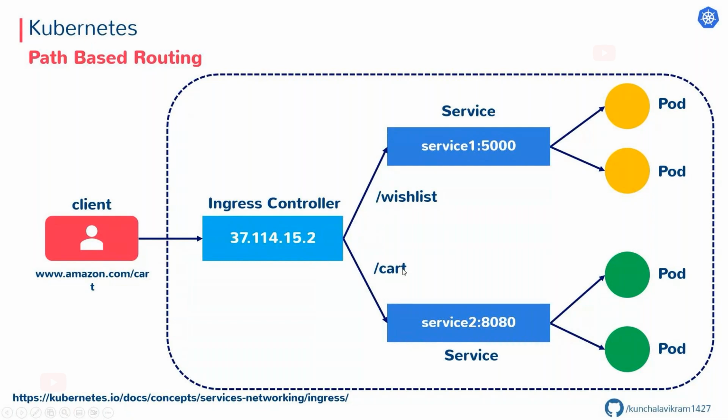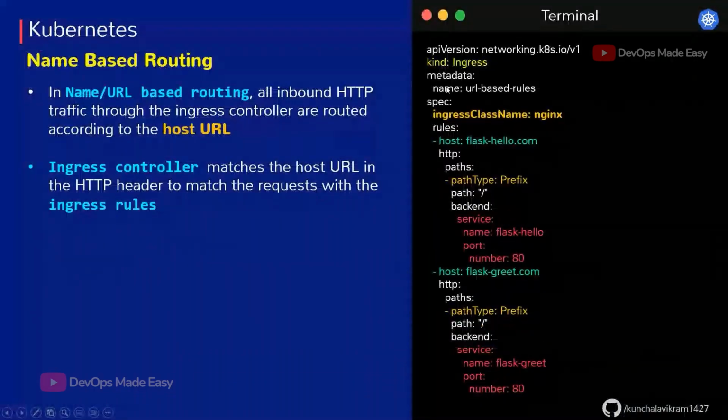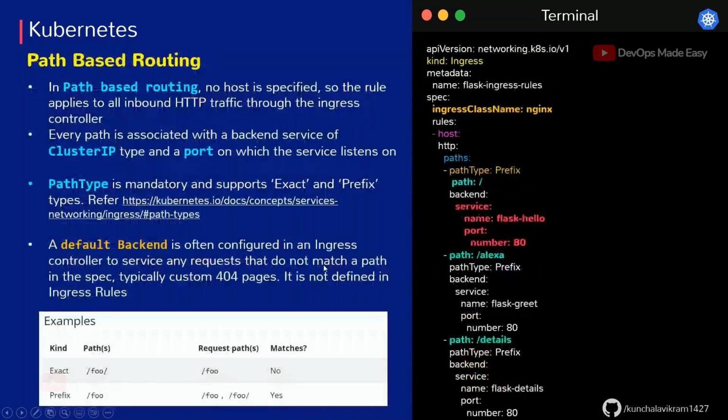For this you will have the ingress rules. There is a common host name, and then there are paths. Here the path is slash, and the other one, I think both are slash only here. This is path based: path slash forwards to one backend, and path slash Alexa forwards to a different backend.